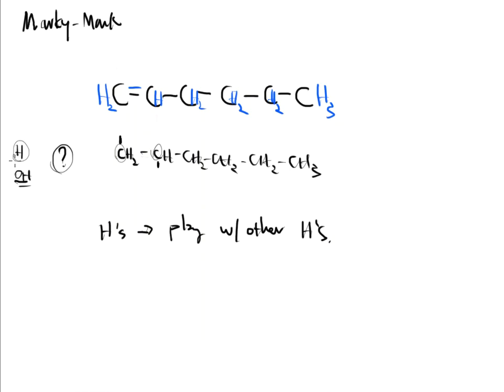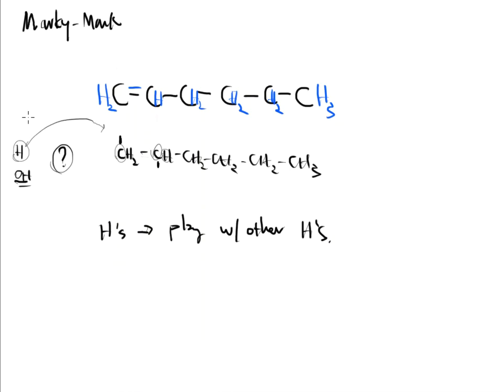And Markovnikov's rule states that in most of the reactions, hydrogens will play with other hydrogens. Meaning that when hydrogen comes over to this molecule, it will look at these 2 carbons and say which one has more. And it knows that this very first carbon has 2 hydrogens on it, and the second carbon only has one hydrogen. That's it.